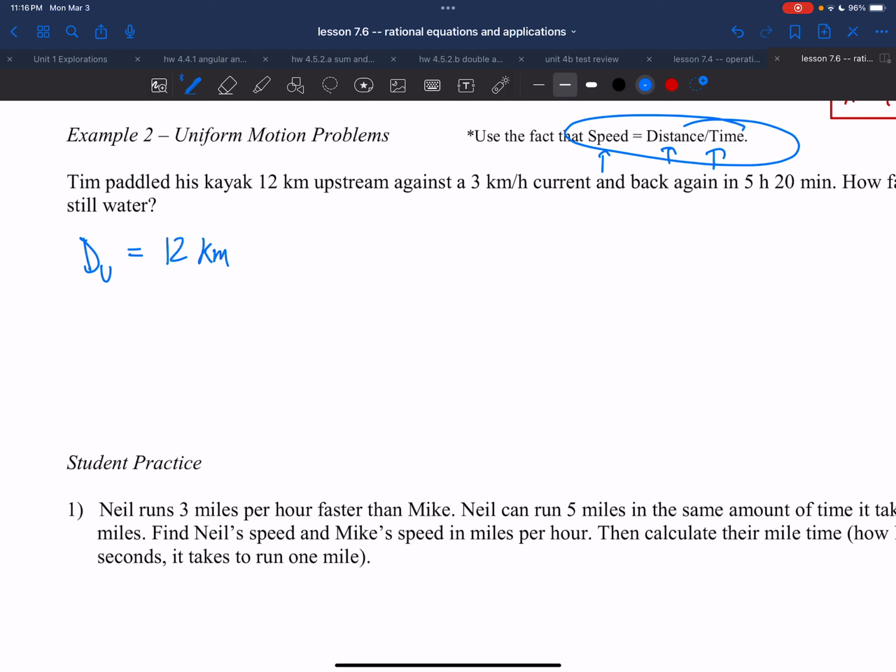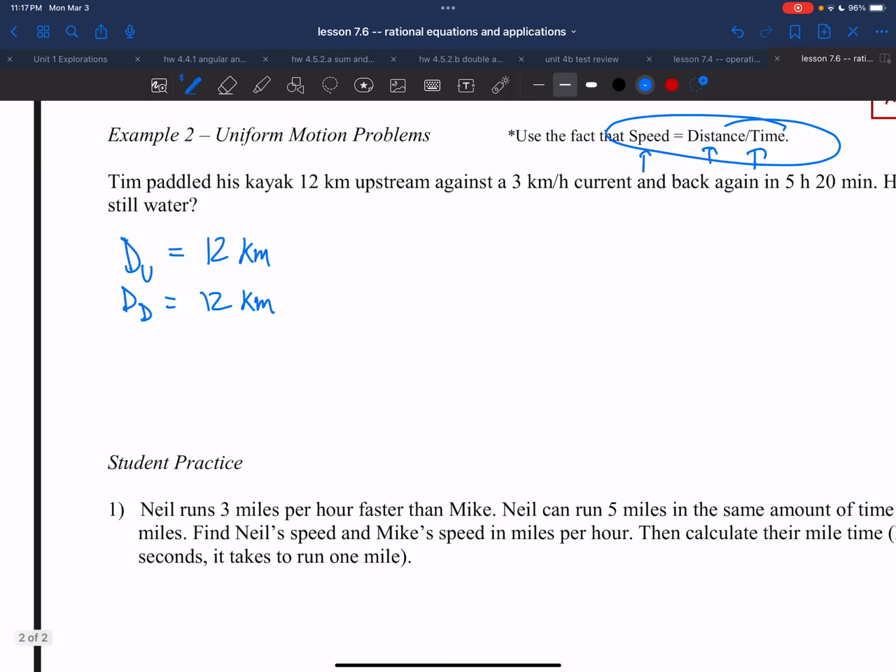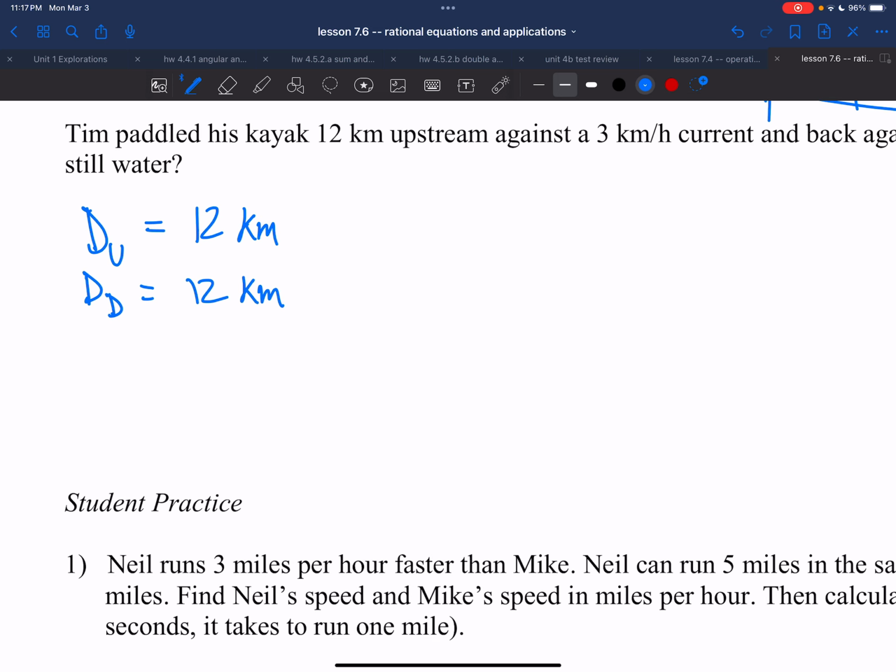And he goes back and forth, so the distance downstream is the same, 12 kilometers. Those two are equivalent. What else do I know? The speed of the current is 3 kilometers an hour.